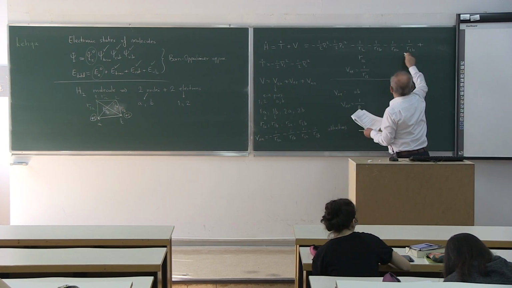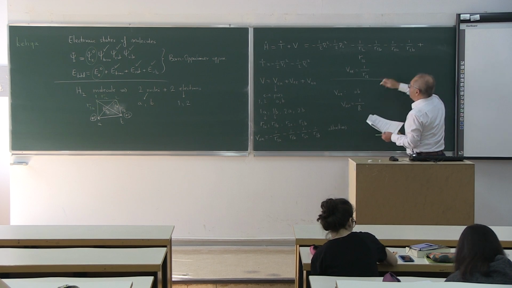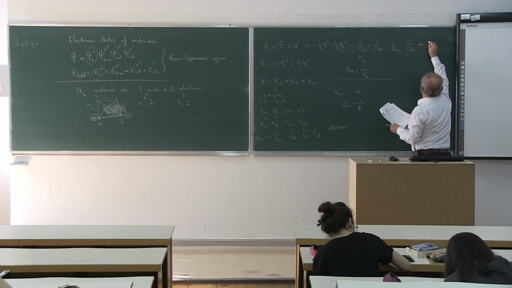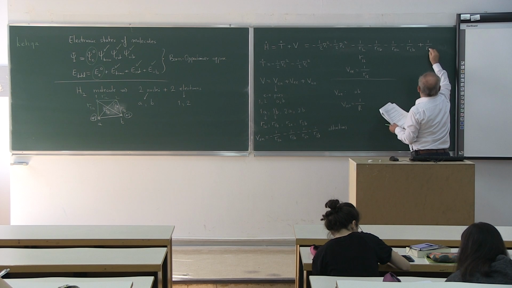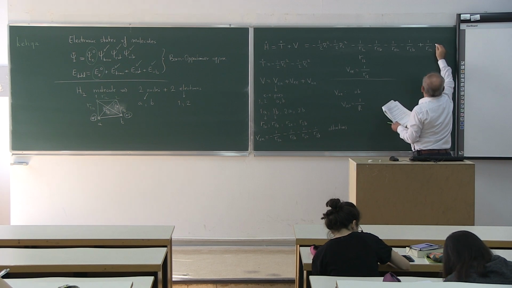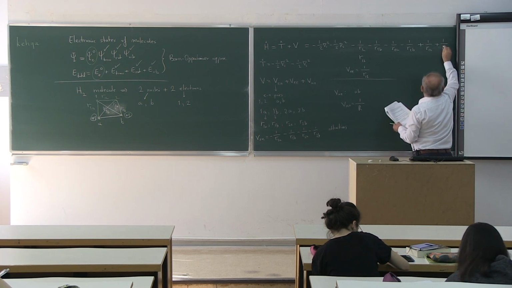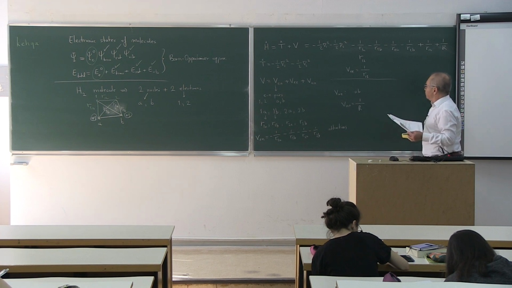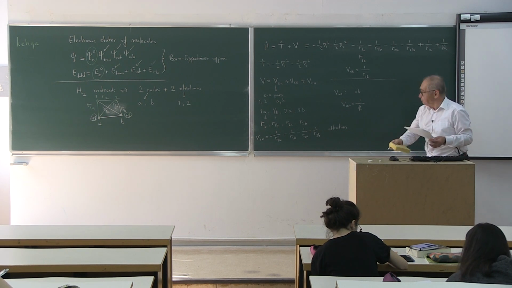This is electron nucleus attractions plus electron repulsions, 1/r12. Finally, there is this term coming from the nucleus repulsions, 1/R.